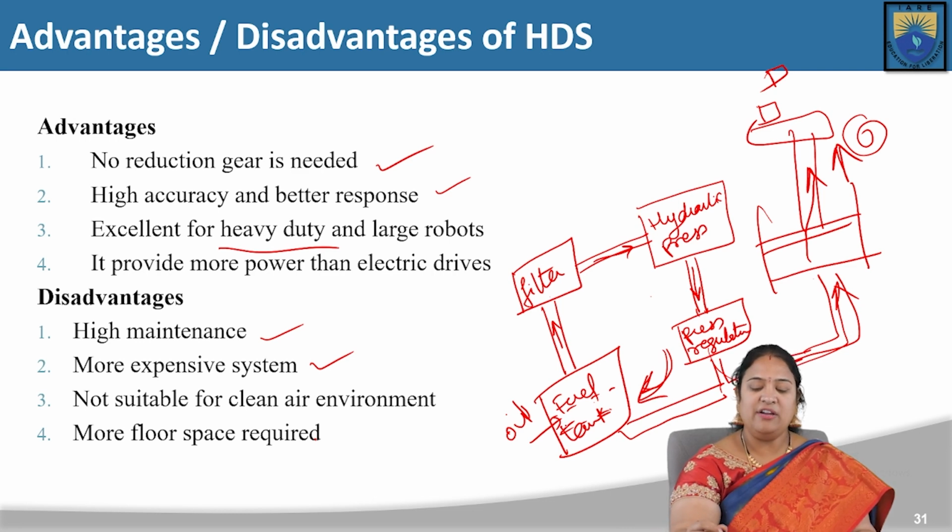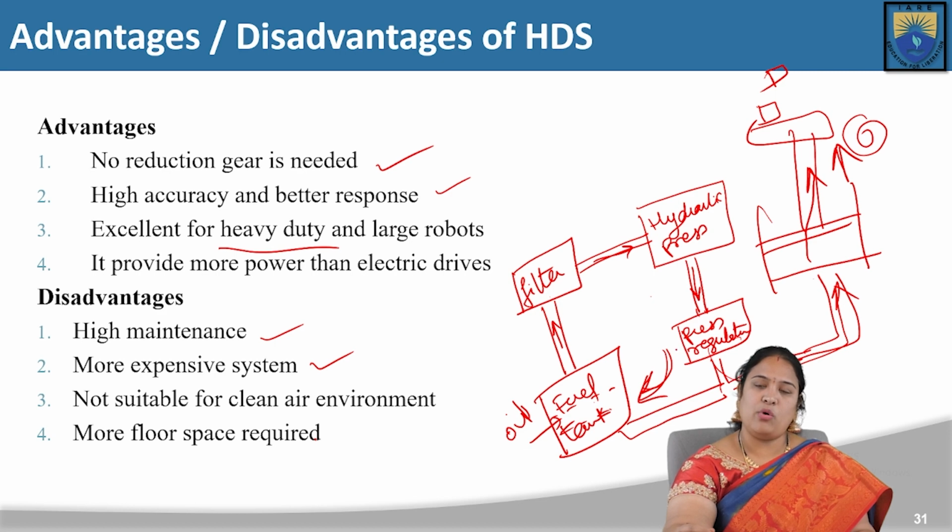Clear? Initially from the fuel tank, the fuel is sucked into the filter, where it gets filtered without any dust particles present in the oil, and from there it is sent into the hydraulic pressure, where the oil gets pressurized and sent into the pressure regulator.